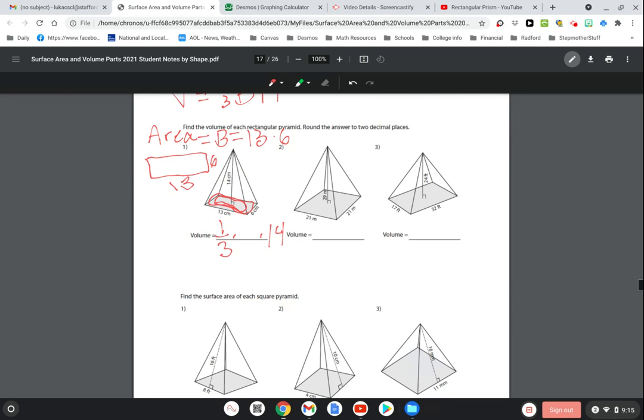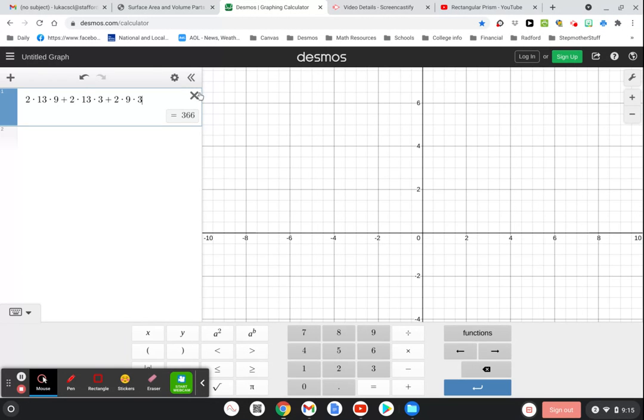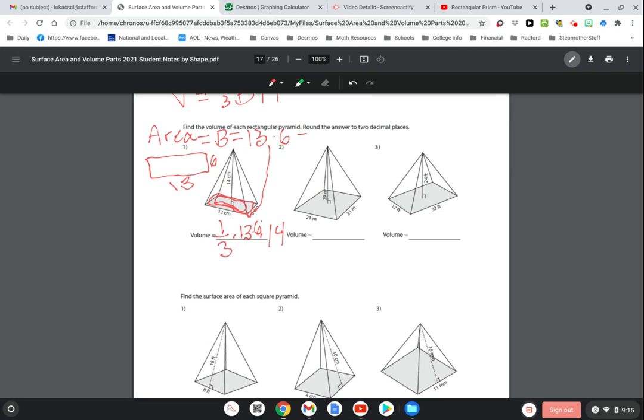So what we can do is we can just put that right here. We can say 13 times 6. That's nice. Or we can calculate that separately. We can go over here to Desmos and say 13 times 6. That's 78. That's the B. Okay, so we can either write it like that or we can write it 1/3 times 78 times 14.